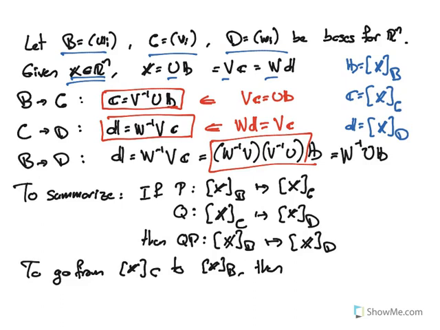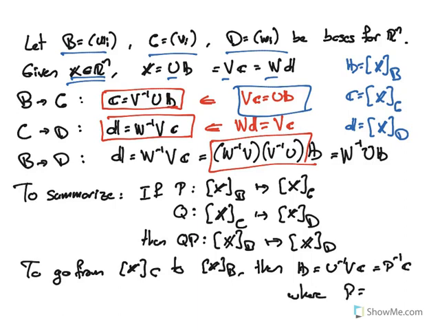So if we take this same equation here and we solve for B, now we find that B is equal to U inverse V times C, which is P inverse times C, where P was V inverse U. So in other words, to go from B to C, you apply P, and to go from C to B, you apply P inverse.